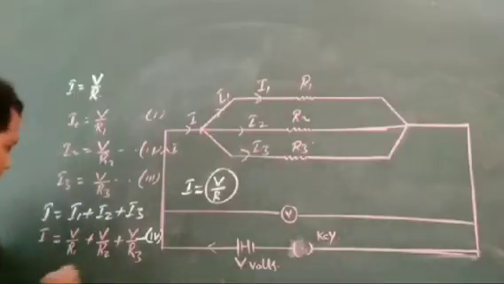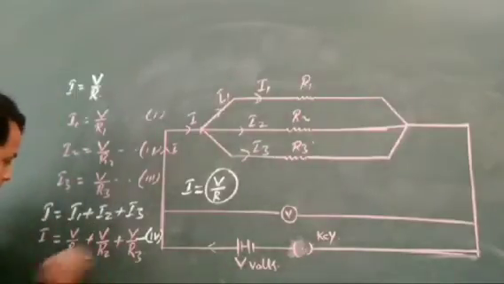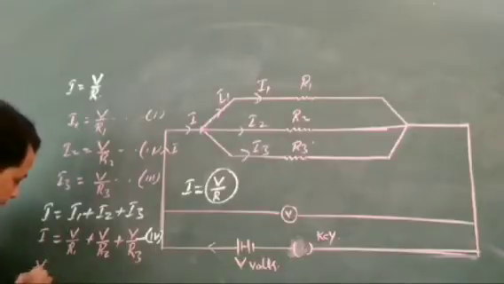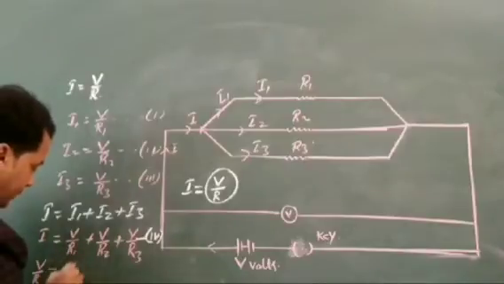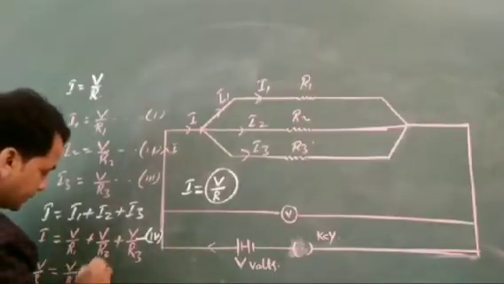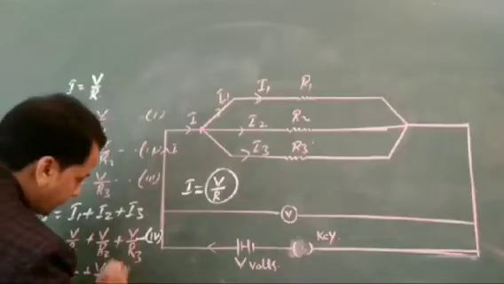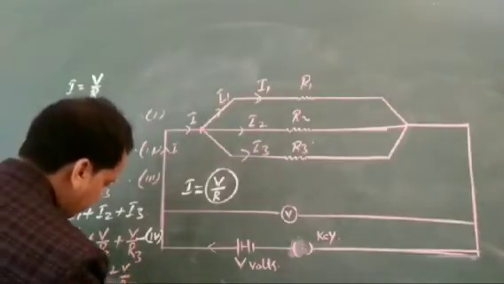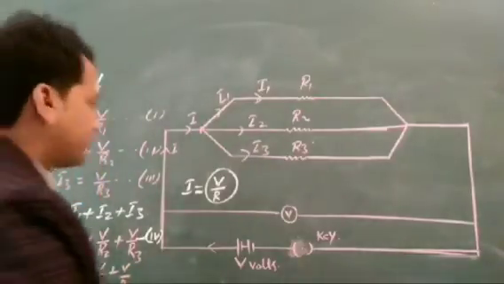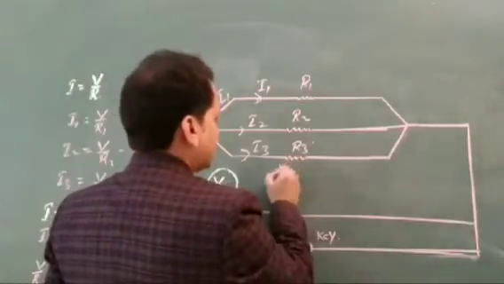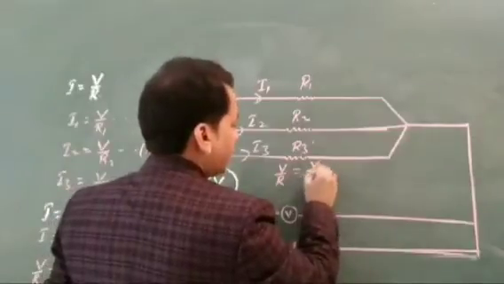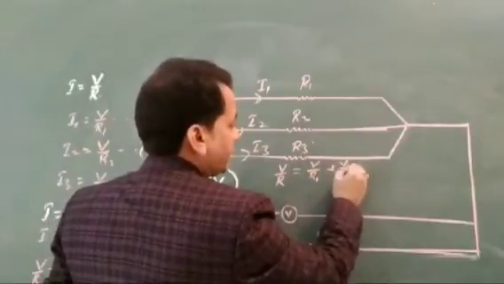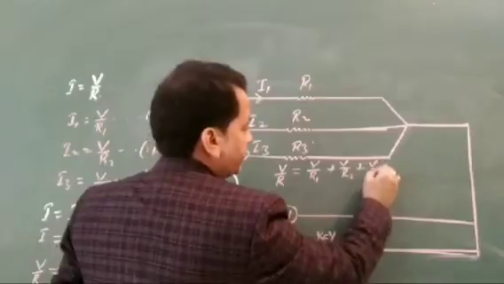Then V by R equal to V by R1 plus V by R2 plus V by R3.